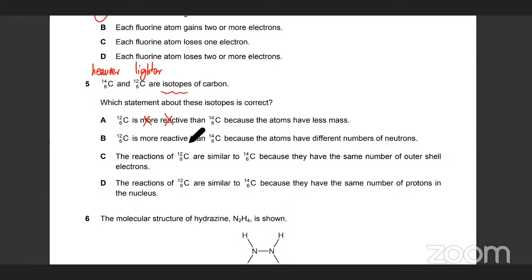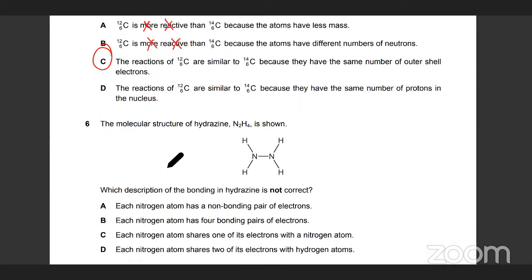So more reactive, less reactive, that's obviously irrelevant. They have exactly the same reactions. The reactions of this one are similar to this one because they have the same number of outer shell electrons. Is that correct? Yes. Okay, because they have exactly the same electronic configuration, the same protons.